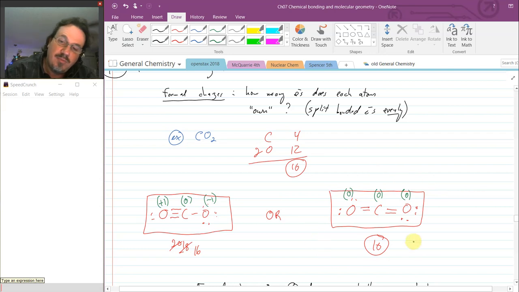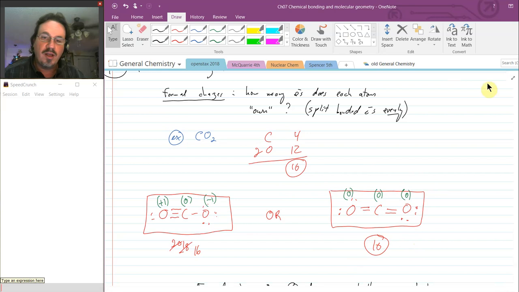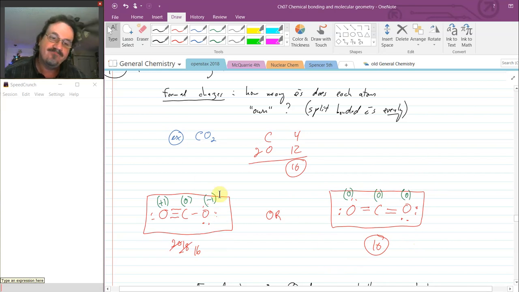On that basis alone, the right structure looks better. This guy is more correct than the left one because it's got zeros for every formal charge, whereas this guy has +1s and -1s. The second rule of formal charges says that the more electronegative an atom is, that's the one that should get the negative formal charges.